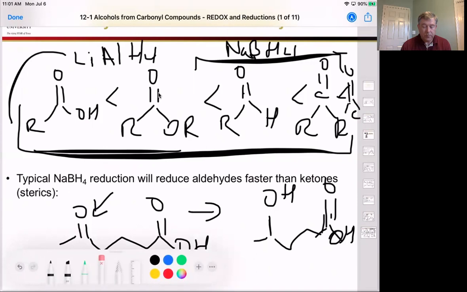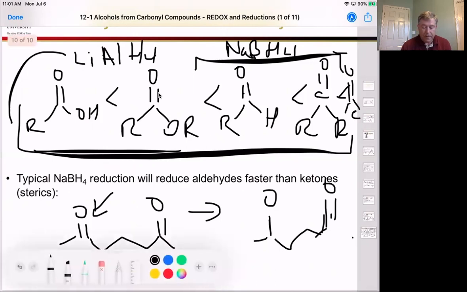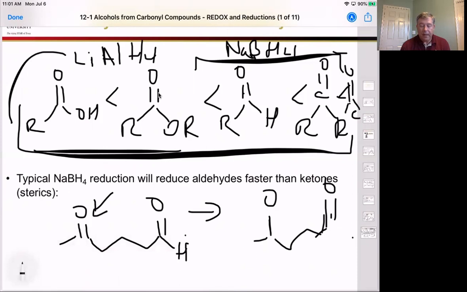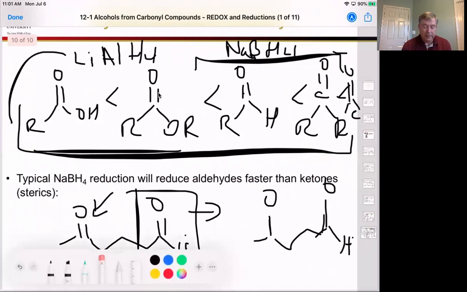What's also important to note here is that aldehydes will reduce faster than ketones. So in the case of this reaction, if we were to have, instead of that carboxylic acid, an aldehyde here, the aldehyde would reduce first, giving us our primary alcohol and our ketone still intact.